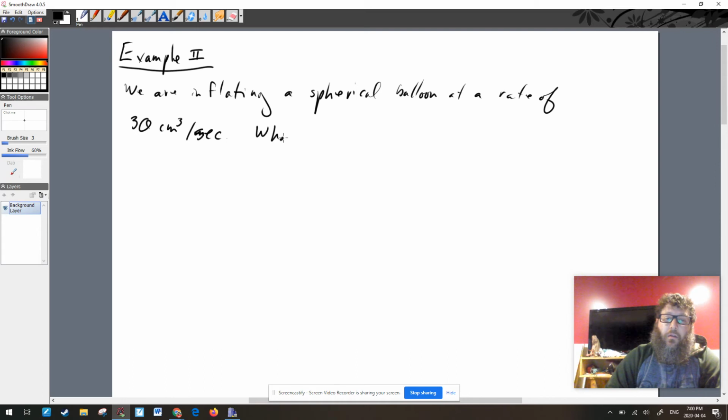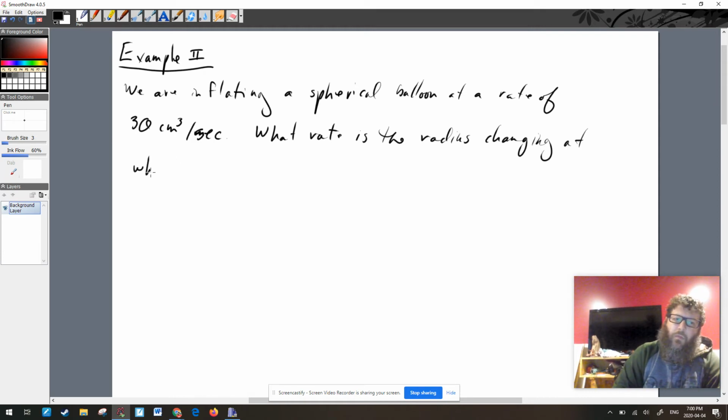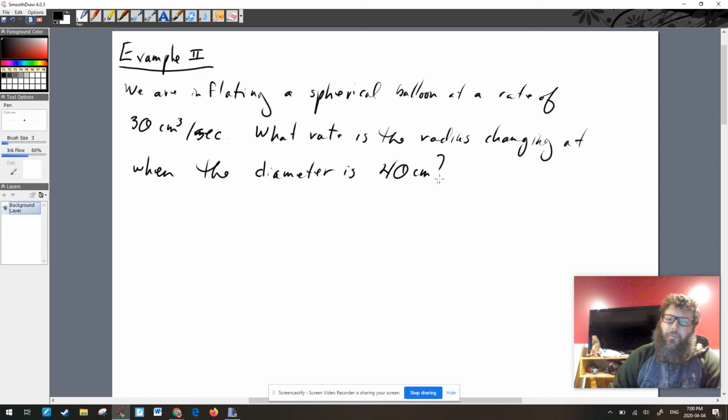What rate, we'll do an easy one to begin with, is the radius changing at when the, we could go with diameter is 40 centimeters. Okay, and I'll give you some formulas that you might find of use.